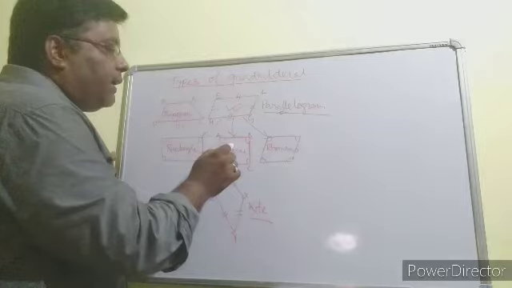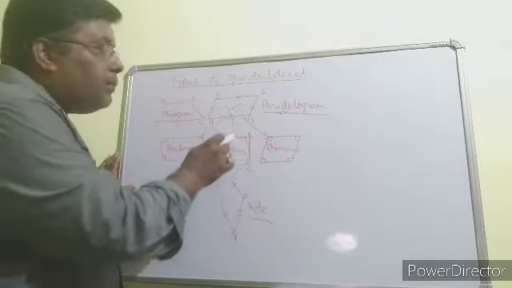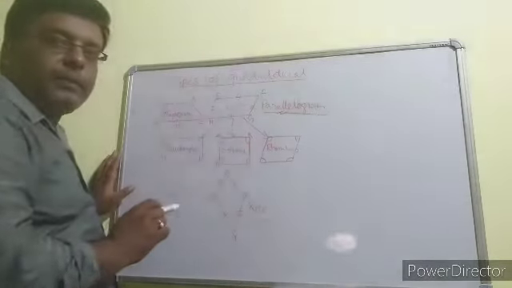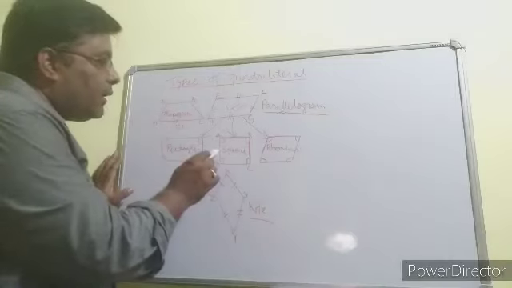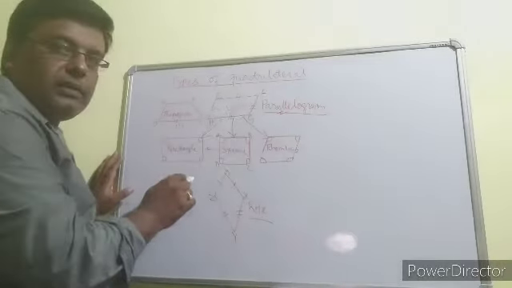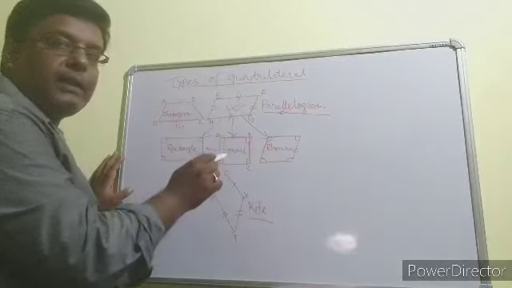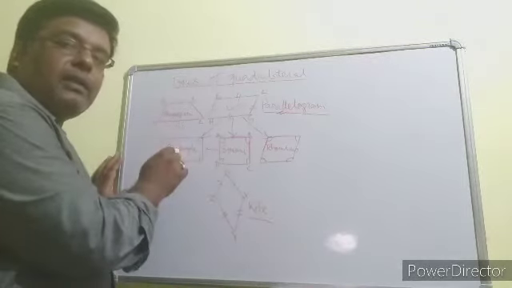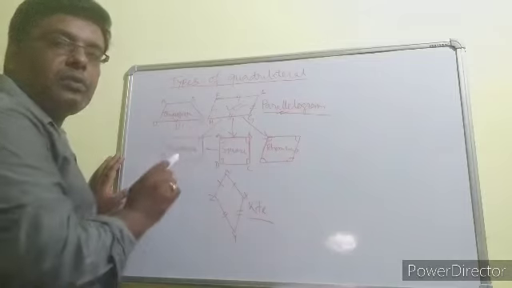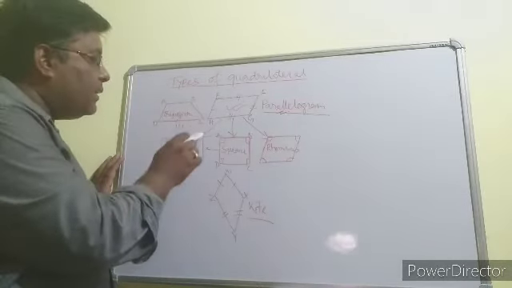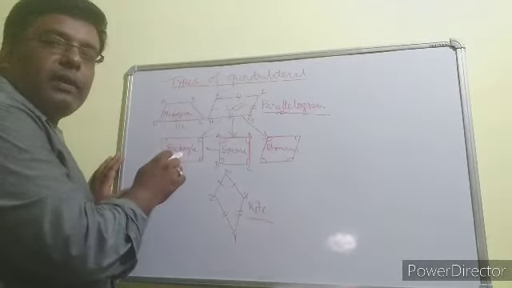Similarly, a square is a parallelogram, but a parallelogram is not a square. Similarly, a square is a rectangle, that is, opposite sides are parallel and its angles are 90 degree. But a rectangle may not be a square. That is, in a rectangle, all sides may not be equal.